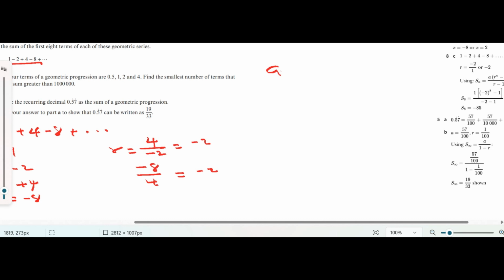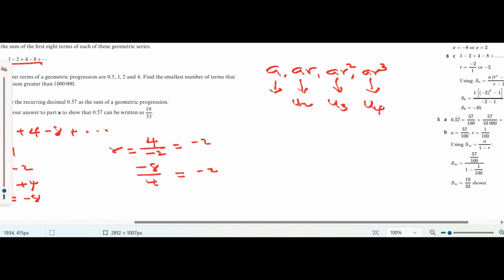In a geometric series, the first term is always A, and your second term is AR. The third term is AR squared. The fourth term is AR cubed. This is my first term, this is my second term U2, this is third term, this is fourth term.